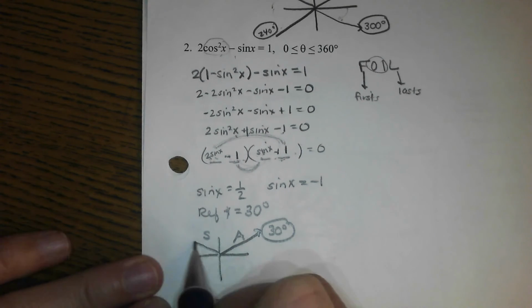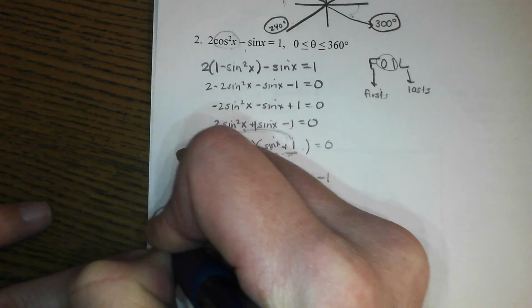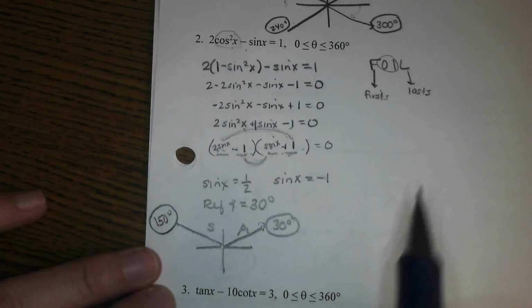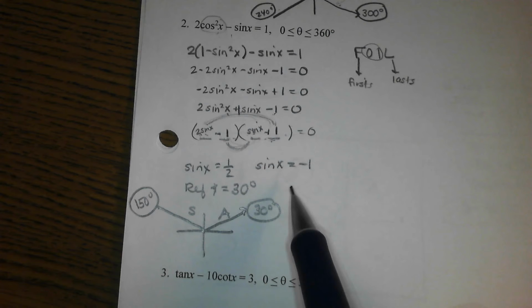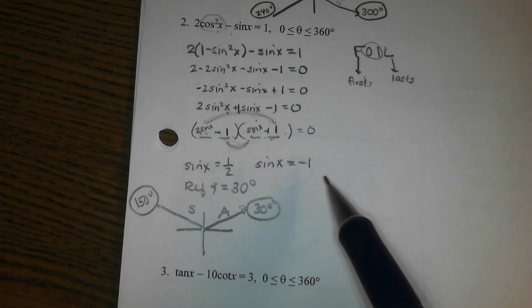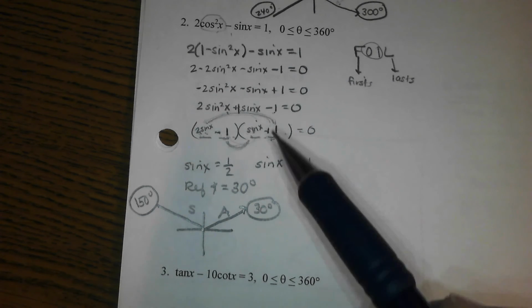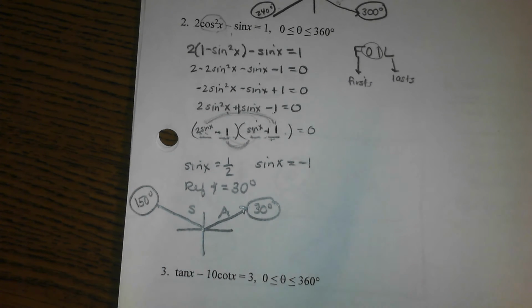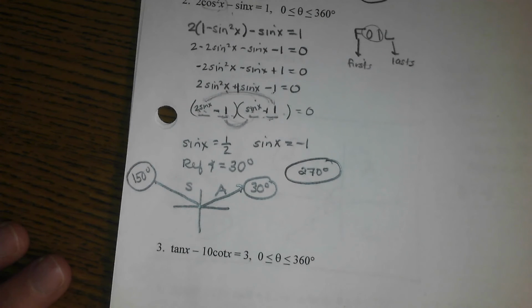And the second quadrant version of 30 is 150. And then with negative 1, your reference angle could technically be 90 degrees. And because it's negative, looking at my red chart over there, you'd have to flip down to 270. Or you can just look for where your y-coordinate is negative 1, 270. And those are your 3 answers.